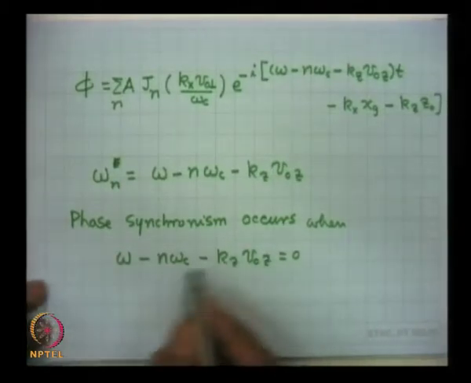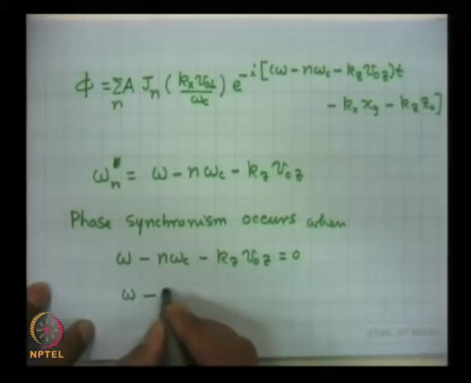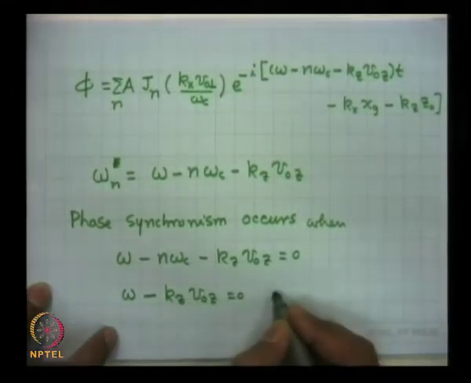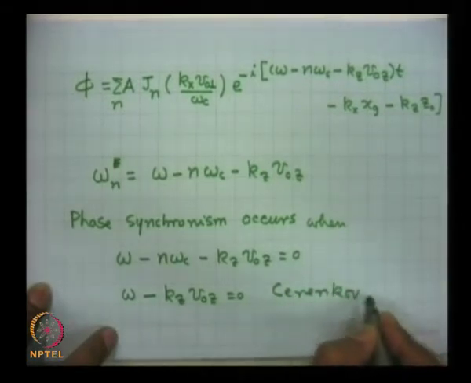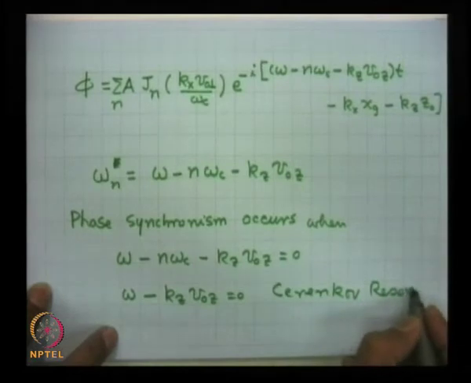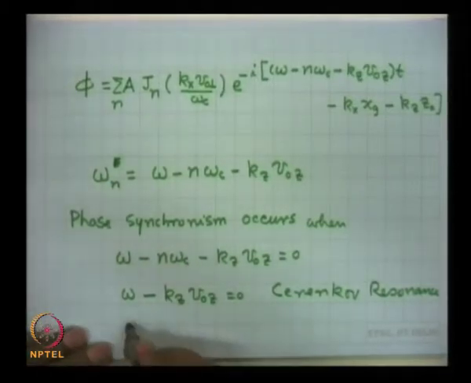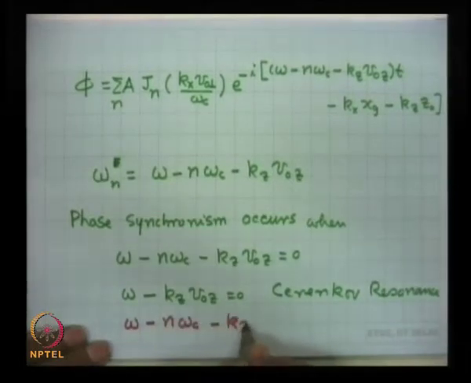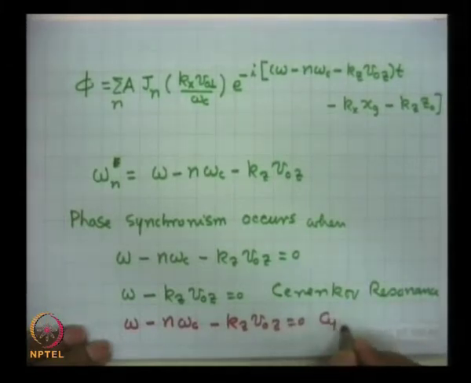When this is satisfied for n equal to 0 case, then we call this resonance a Cherenkov resonance. And when this is satisfied for n equal to 1, then we call this cyclotron resonance.